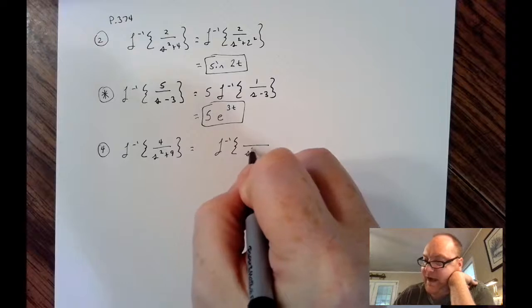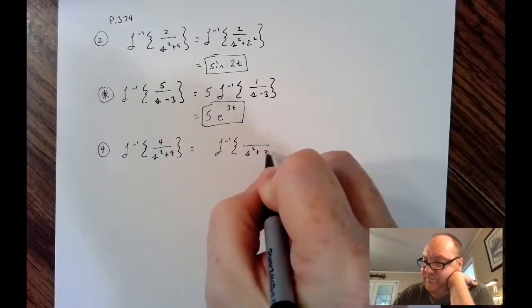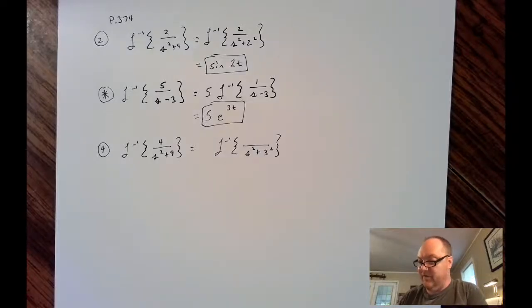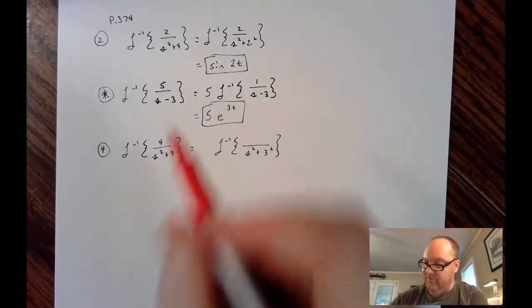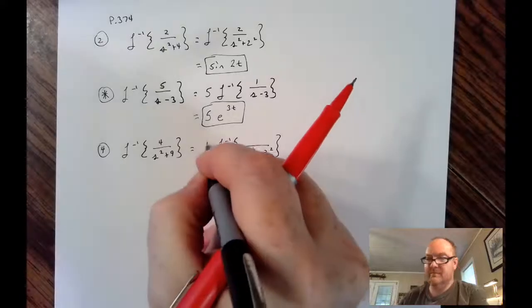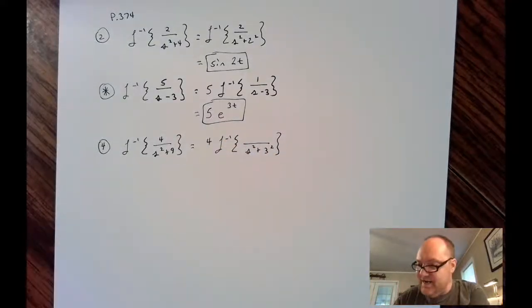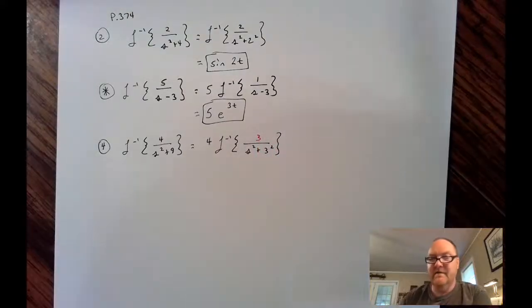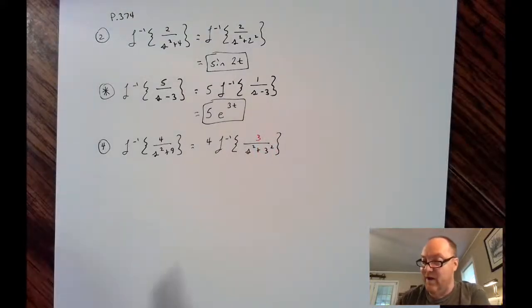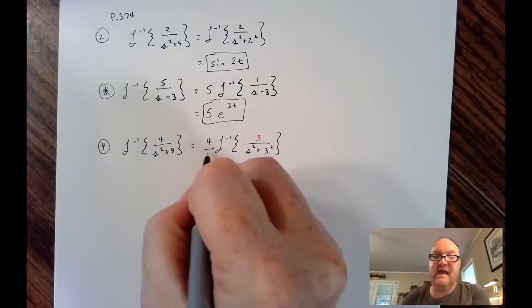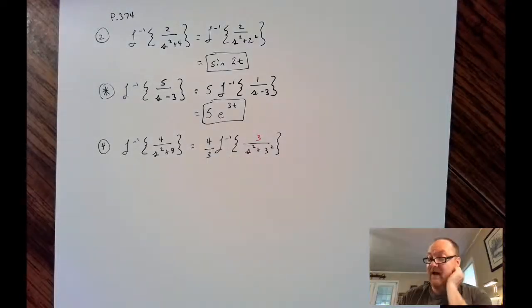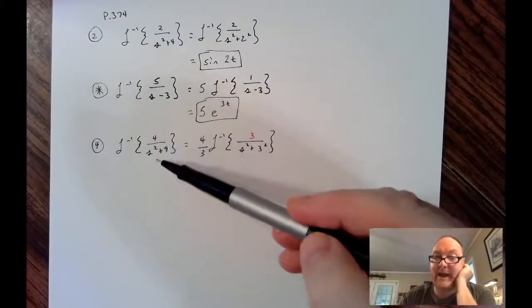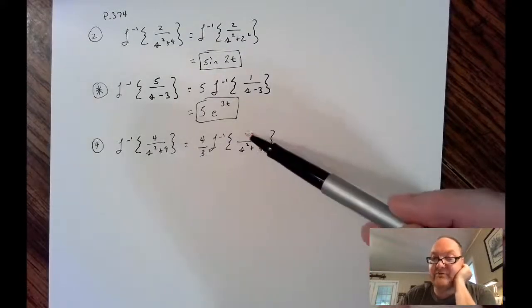I can rewrite it as s squared plus 3 squared, and then it's beginning to fit that form. What I don't need, though, is the 4, so I'm going to factor the 4 out. But what I do need is, if I have a b squared on the bottom, I have to have a b in the numerator. But you already know where this is going. I can't just go around putting new numbers in without also taking them back out. If I multiply 4/3 times this fraction, I'll get this original problem back. But this now fits the form.